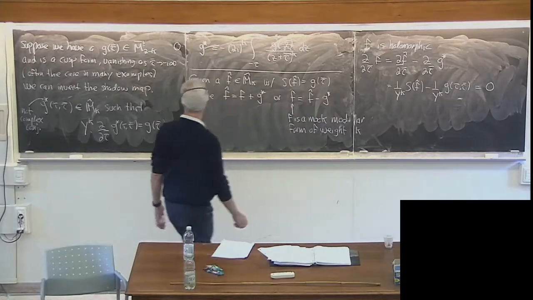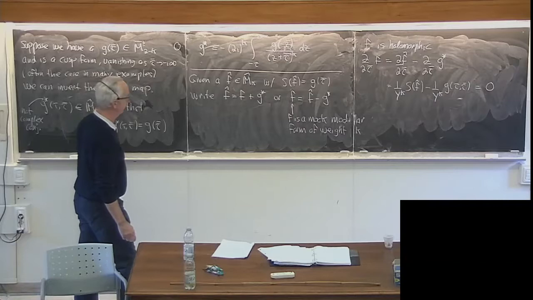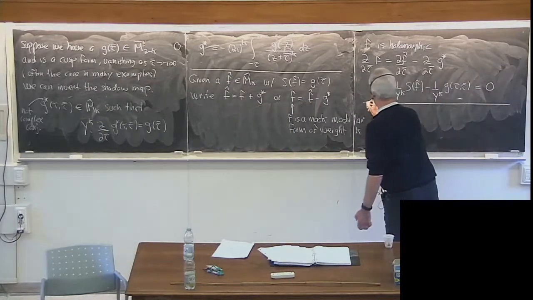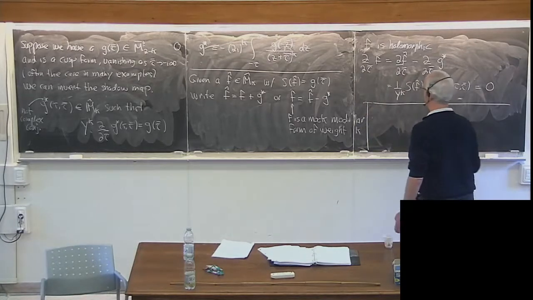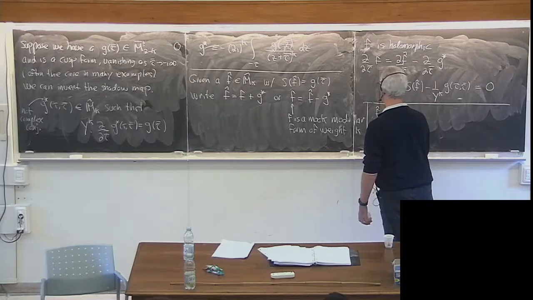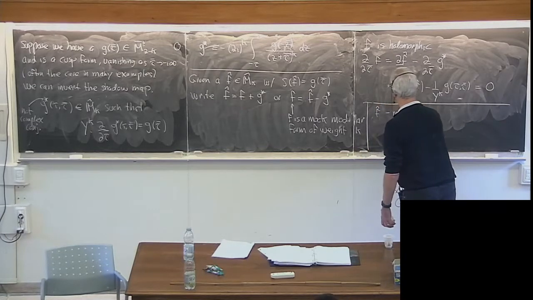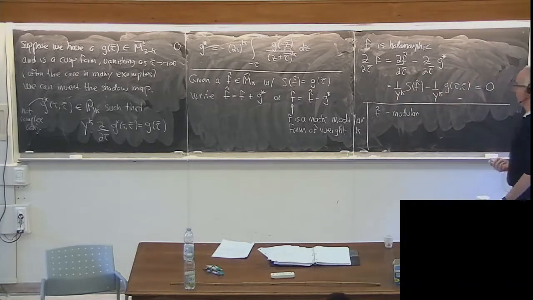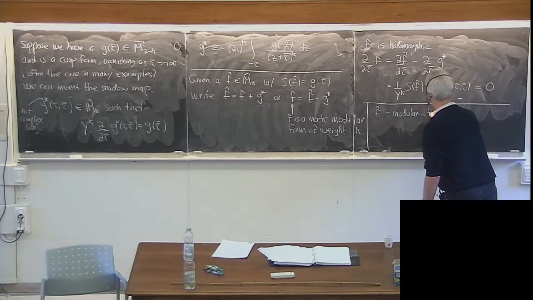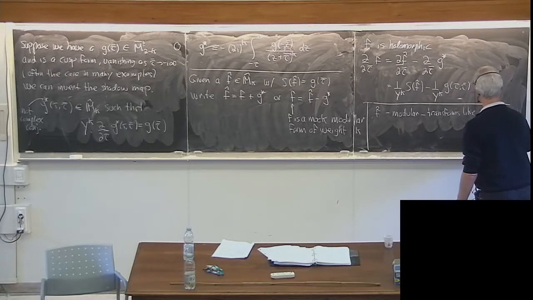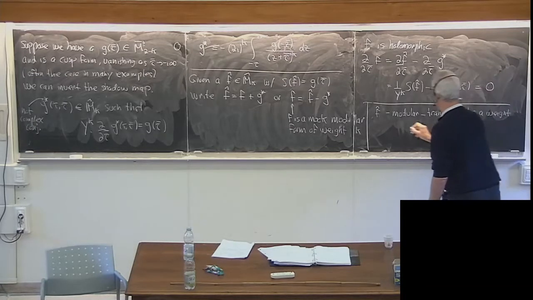All right, so this is a lot of formalism. The main point of all this is that you have an object F hat. This function is modular, meaning it transforms like a weight k modular form.